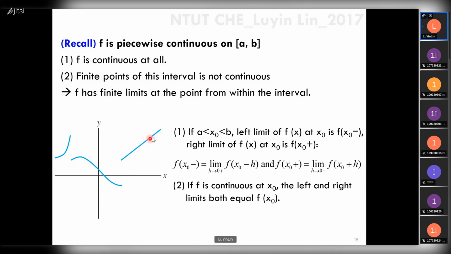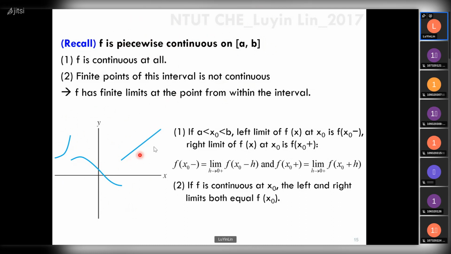You can see the blue lines are continuous, but at this point and this point, these two finite points are not continuous. So that means piecewise continuous.